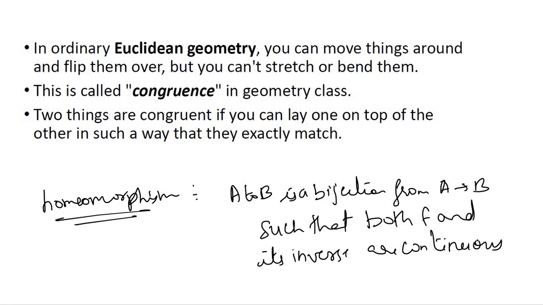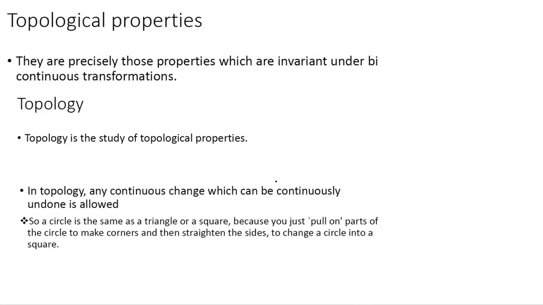That is what we call a homeomorphism. So topological properties are properties which are invariant under this bicontinuous transformation. And topology is the study of these topological properties.